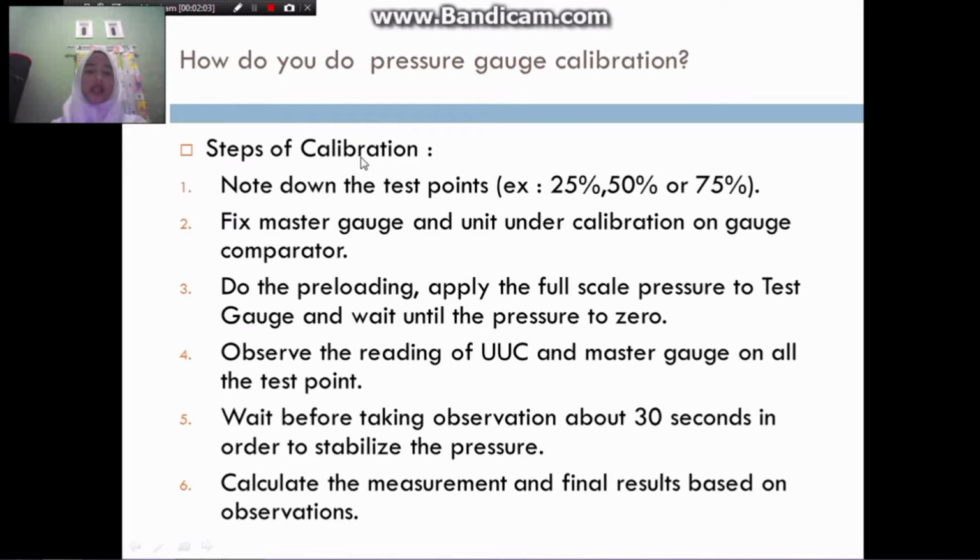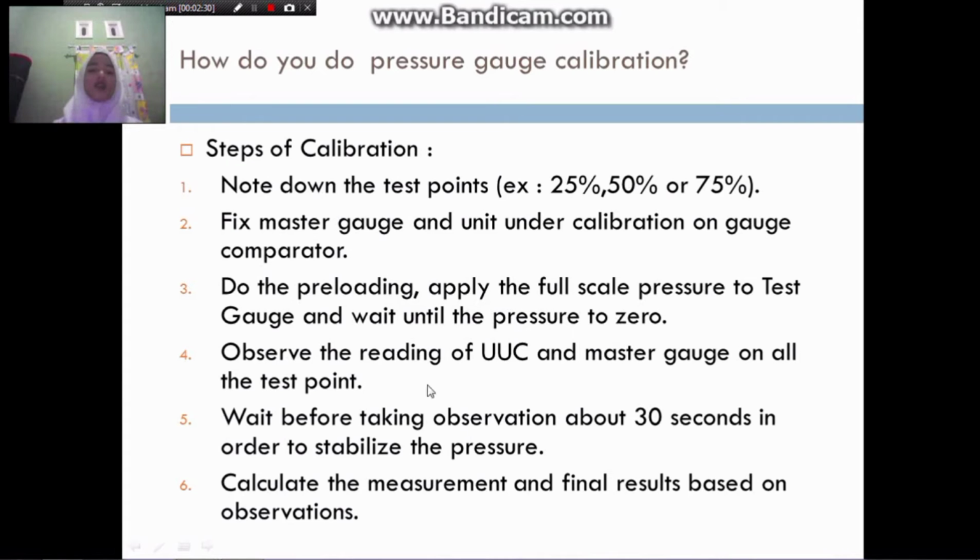These are the steps of calibration. First, note down the test points, for example 25%, 50%, or 75%. Second, fix the master gauge and the unit under calibration on the gauge comparator. Third, do the preloading: apply the full-scale pressure to the test gauge and wait until the pressure returns to 0.